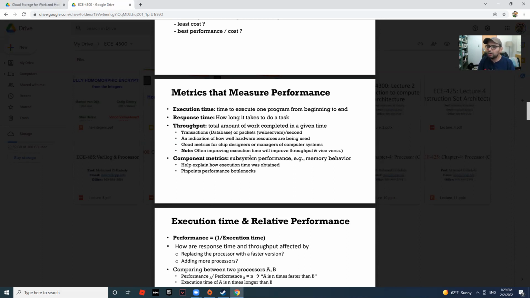So the execution time, the definition is the time to execute one program from the beginning to the end, right? And I think you guys have already taken C, right?